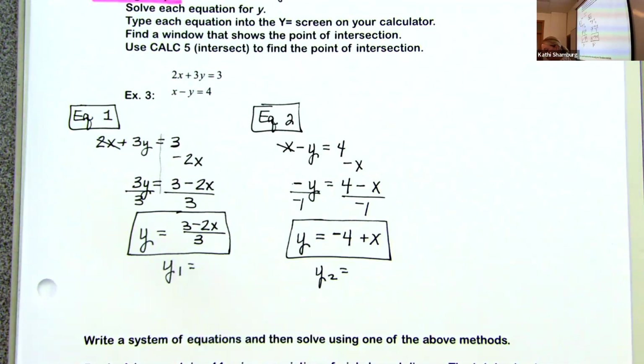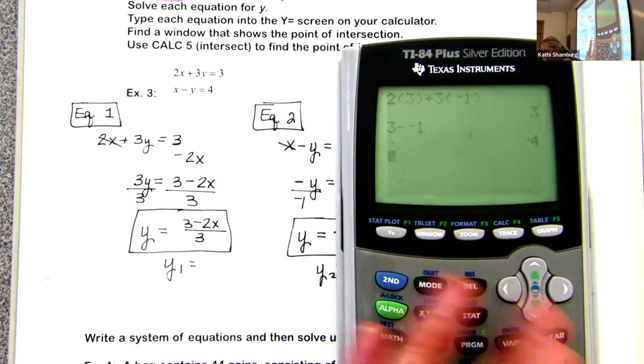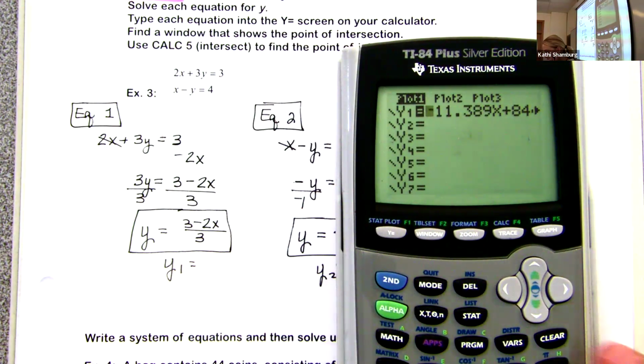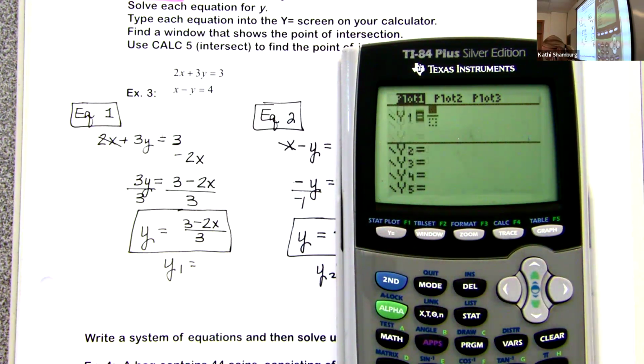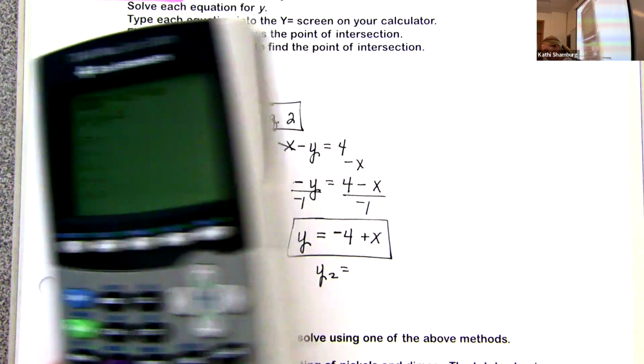Okay, so I'm going to do that. Now we had a little problem in my first class. Let's see if it happens here. Okay, so alpha y equals 1, 3 minus 2x over 3. Y2 is -4.